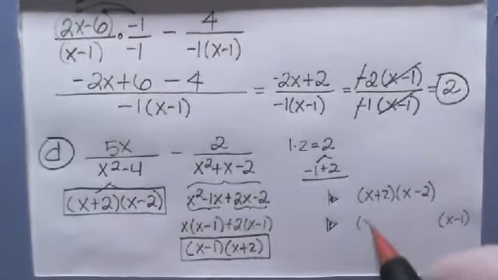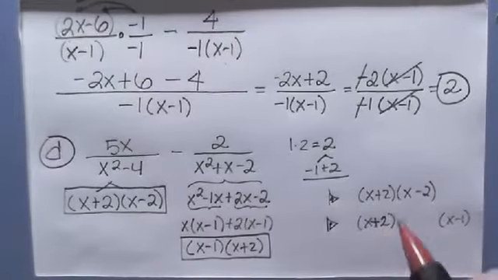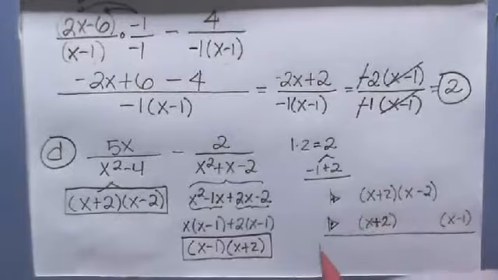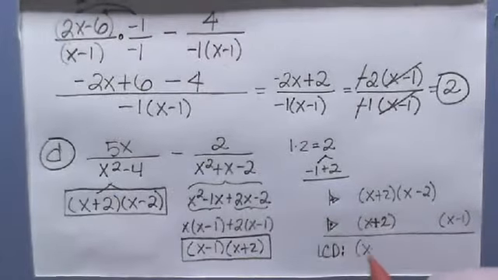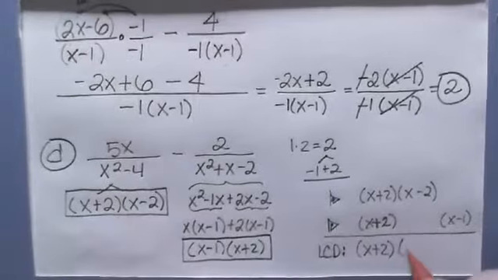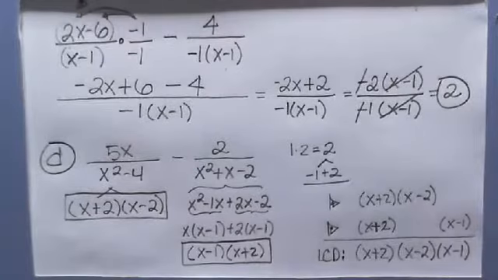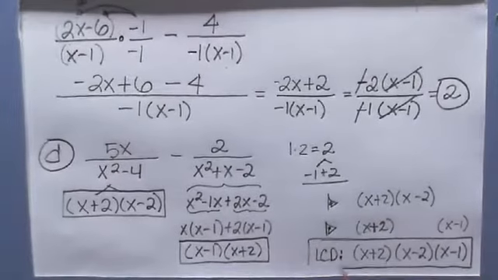And x plus 2, I'm going to line up right here. Alright. Now, the LCD. The LCD will be x plus 2, x minus 2, x minus 1. With that now, this is my LCD.